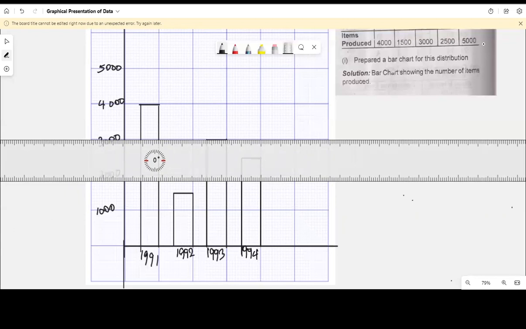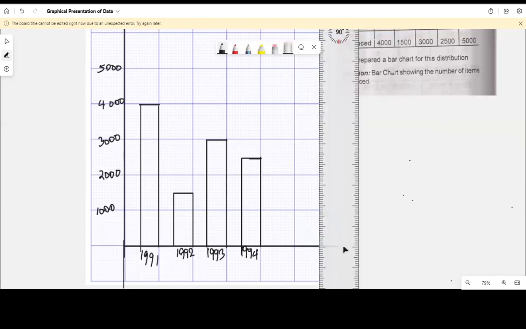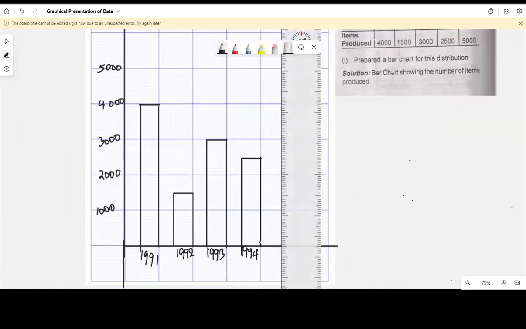1995, we are going all the way to 5,000. Remember, we must leave equal gaps. All these gaps here should be equal, and also the width of each bar should be equal. It's only the height that corresponds to the data being represented. So how many boxes are we leaving? 5: 1, 2, 3, 4, and 5. We are right here. So let me put a mark, then place my ruler again.